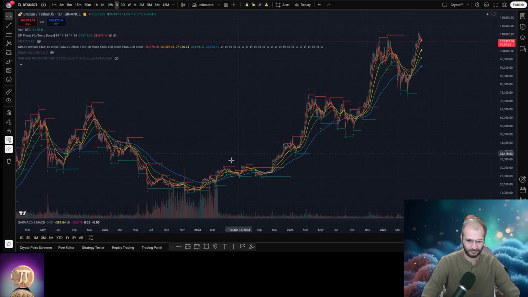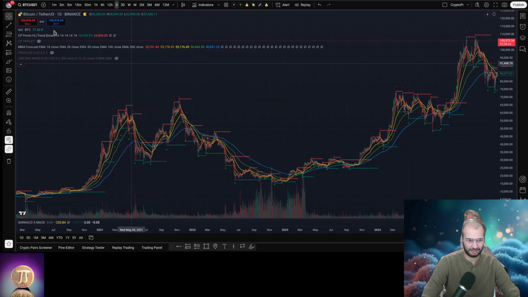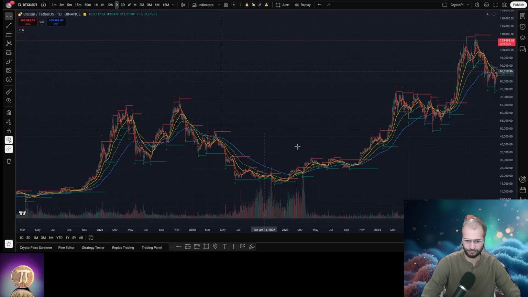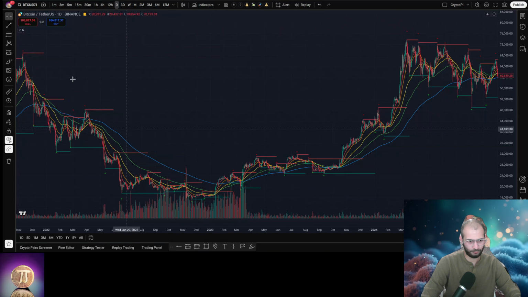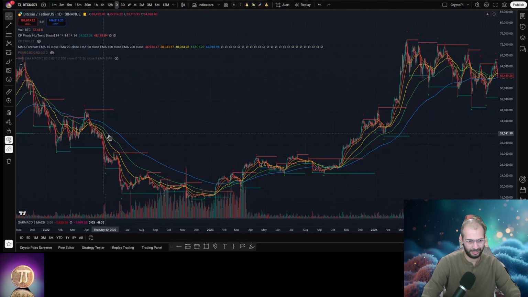For example, if we look at the Bitcoin and USDT pair on a daily time frame, this blue line, which is a 200 exponential moving average, goes down and stays flat up until 15th of March.